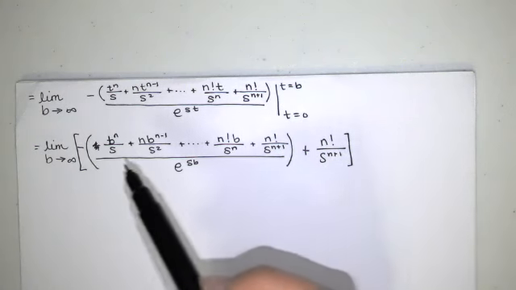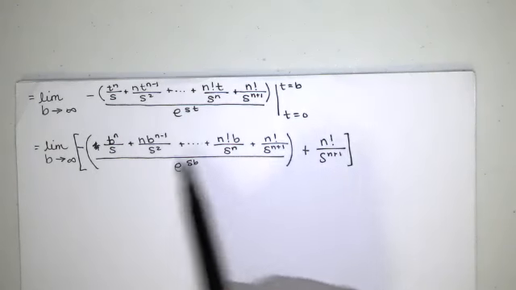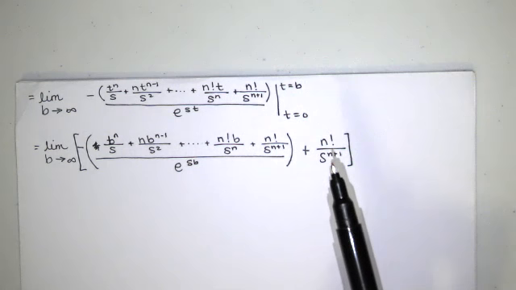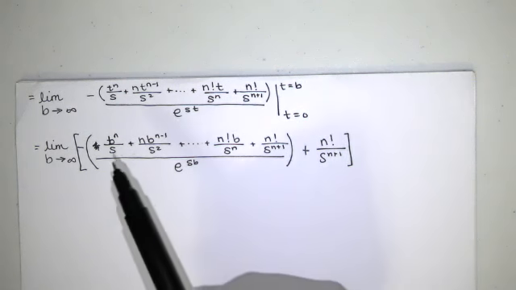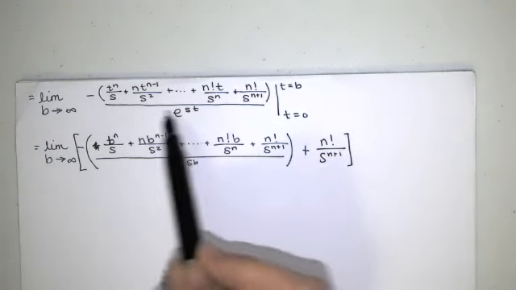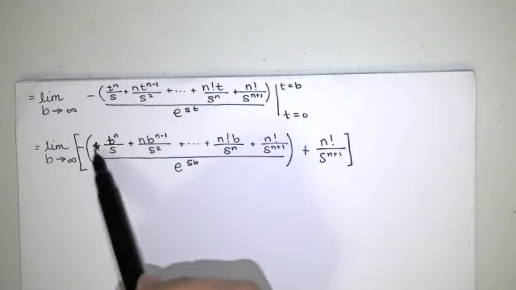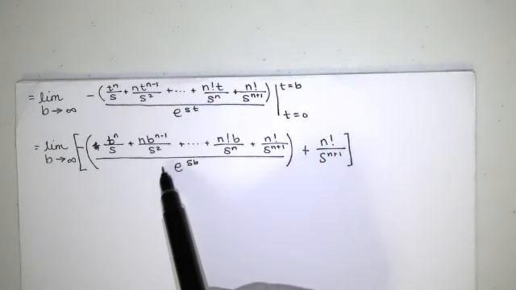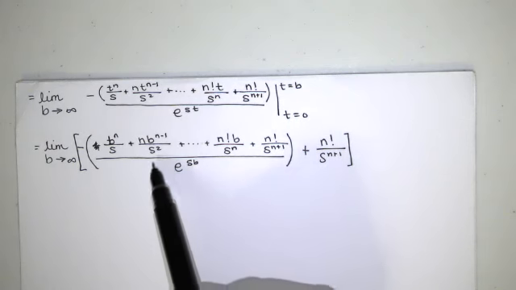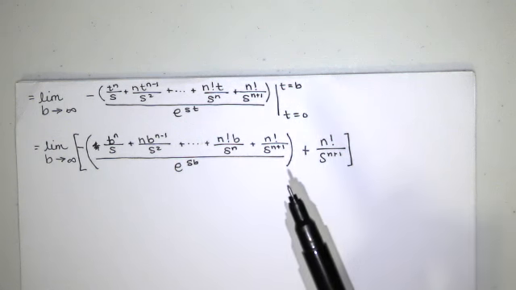But we know that if we wanted to apply L'Hopital's rule to this, since this is an nth degree polynomial, all we'd have to do is take the derivative n times. You're going to end up with a constant over s to the n times e to the s times b.